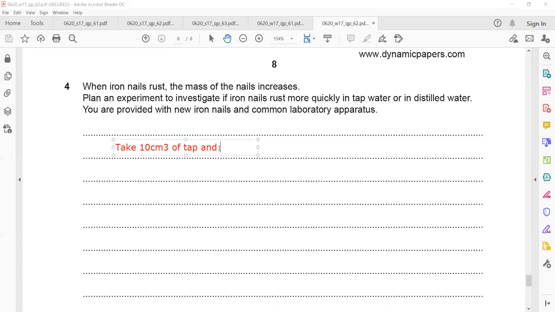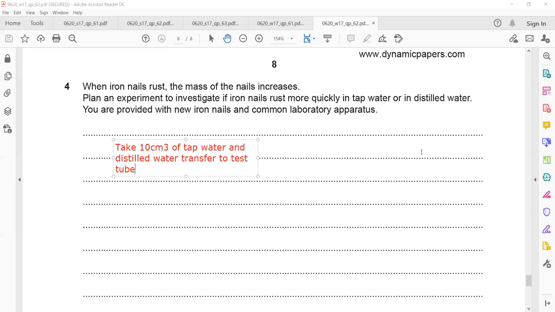So take 10 cm cube of tap water and distilled water. Transfer to test tube.